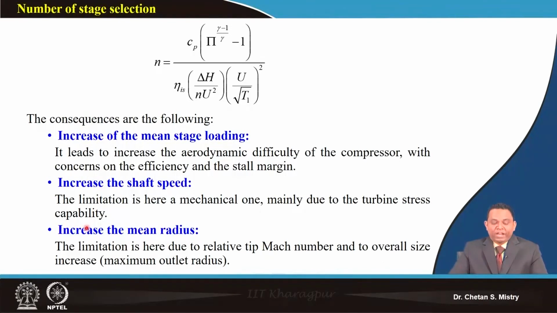When we increase our mean radius, it may be possible that near the tip region the flow will be supersonic or transonic. When we have a constraint on the overall size, we cannot increase the diameter. Suppose we apply this concept to an aero engine for fighter aircraft, there the diameter is a constraint. So there we cannot think of changing this parameter.